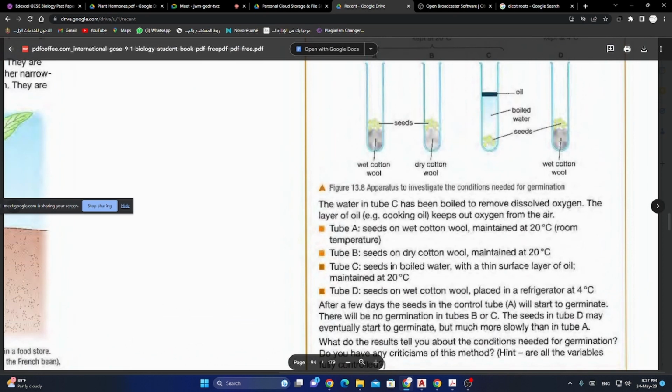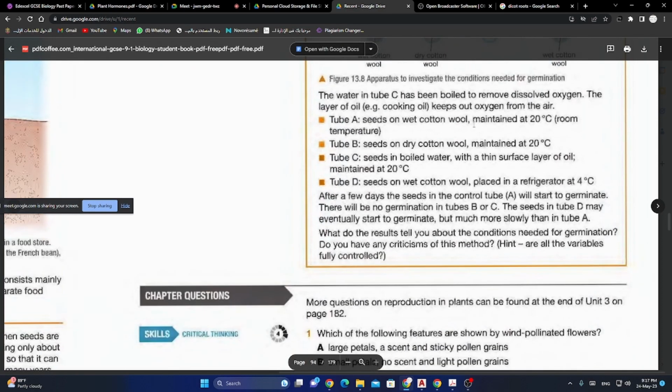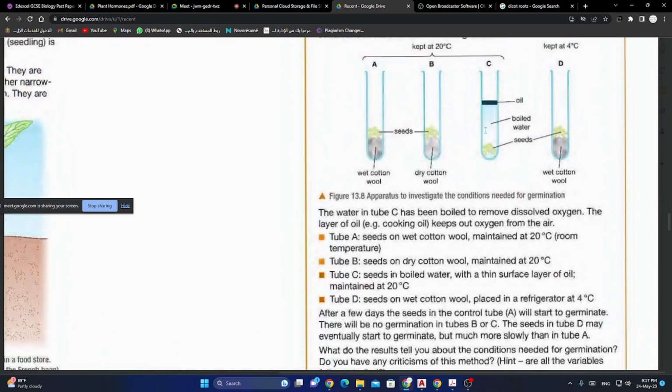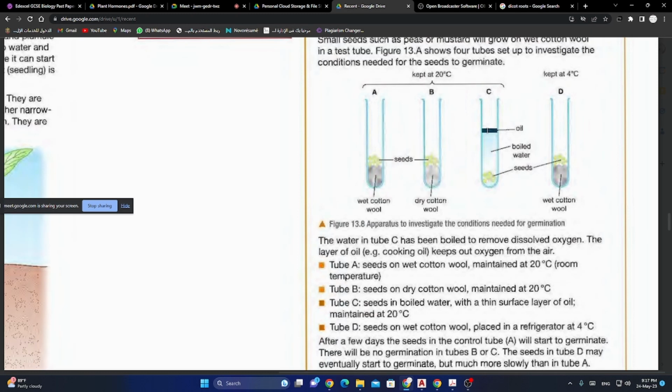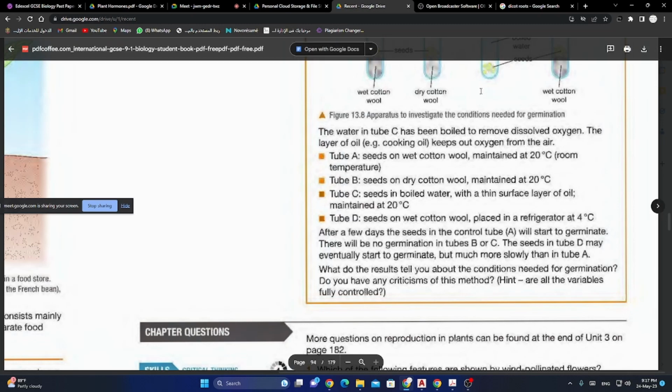For D, there is going to be some germination, but it's going to be a lot slower than A because the temperature is not very favorable for the enzymes, right?